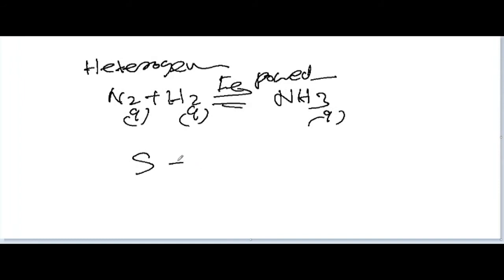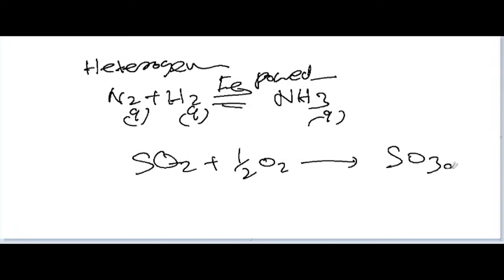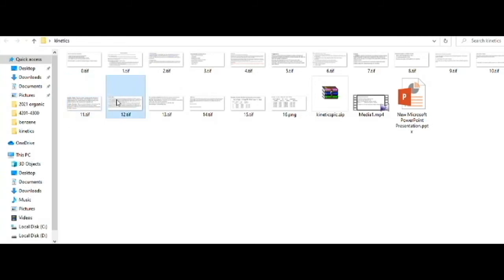And when we consider sulfur dioxide plus oxygen into SO3, these are all gases, but we use solid V2O5 as the catalyst. So these are examples of heterogeneous catalysts. Okay, so then we will move on to the next one.